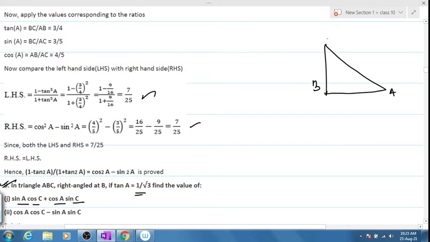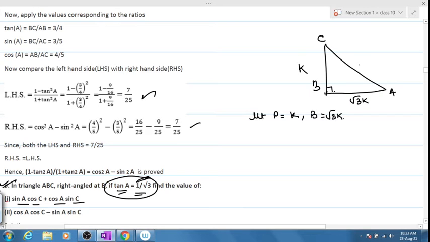First, let this be A, B, and C. Clear? Now, according to this, tan theta is equal to, let the perpendicular be K and base be root 3K, yes or no? So this is our perpendicular K, this is our base root 3K, yes or no?